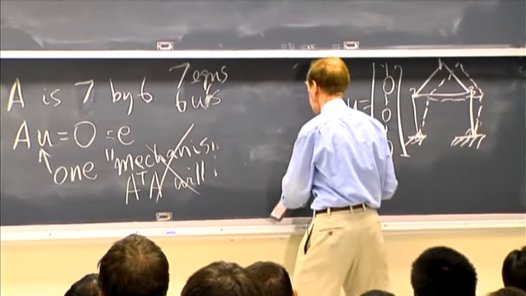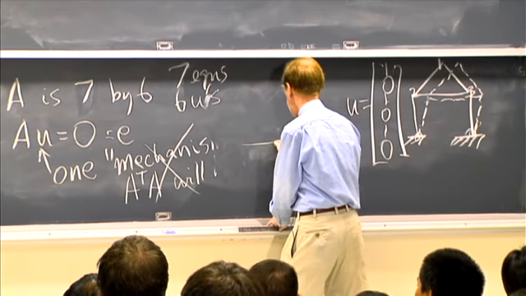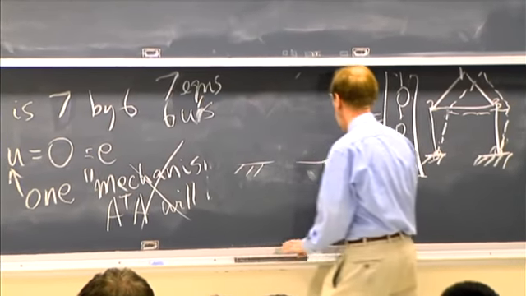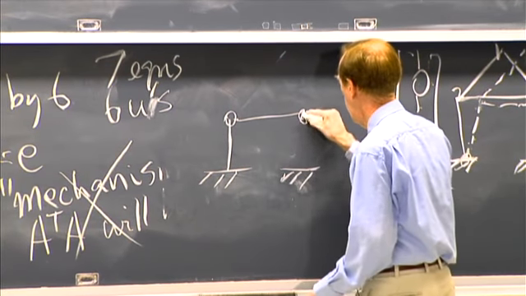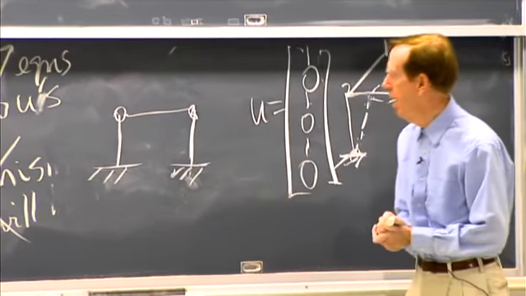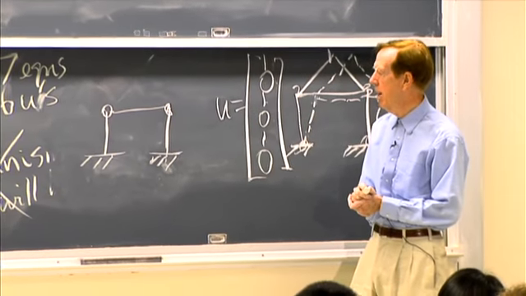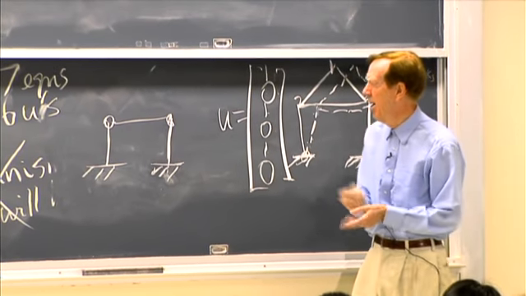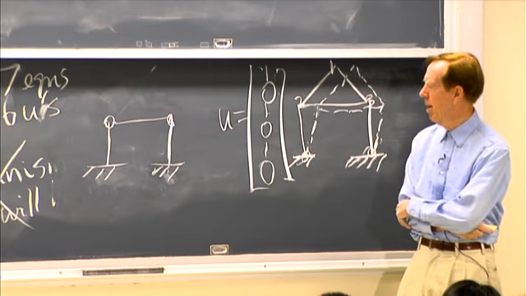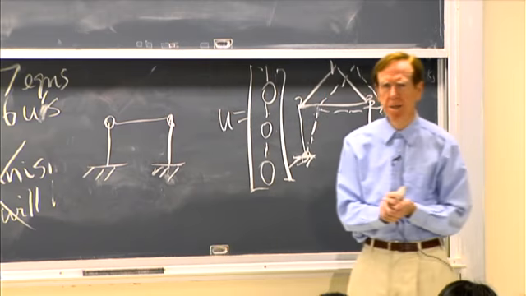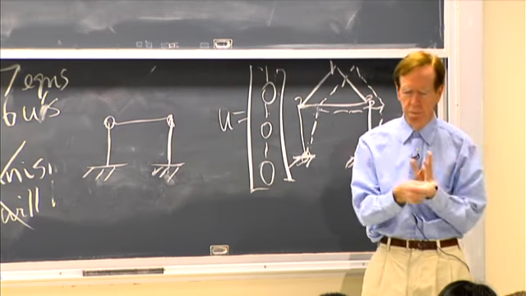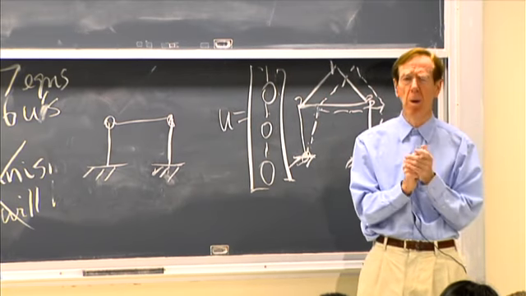Okay, so here would be, I'll start out the same. Now, how could I get a whole lot of bars? I might not get 7 by 6 exactly, but how could I have plenty of bars and still be unstable?